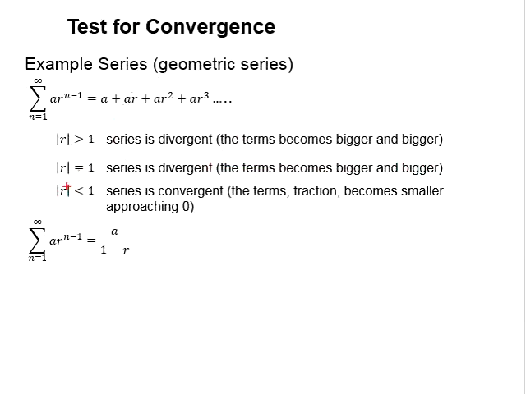But if we are talking about r less than 1, that means the r after the power will become smaller and smaller until at the end of the day you will get r infinitely small, which is equal to 0. And in this case it is known as convergent.